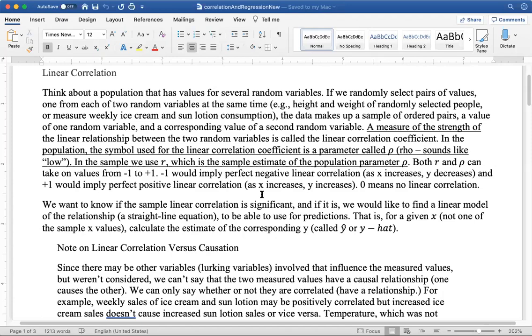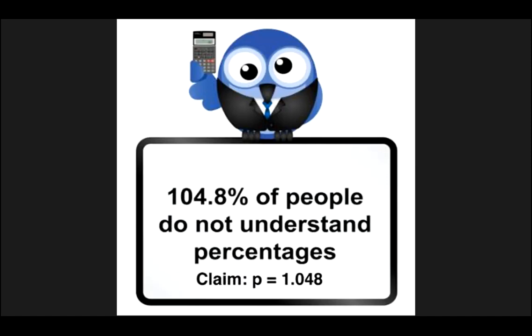And any value in between those would be a measure of linear correlation. And one of them that we're interested in is 0, which means that there is no linear correlation. So let's take a look at some data and how that might be interpreted as a particular value of linear correlation. So let's go look at the calculator.